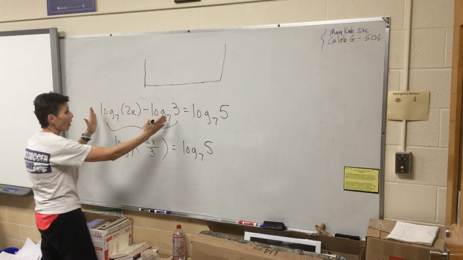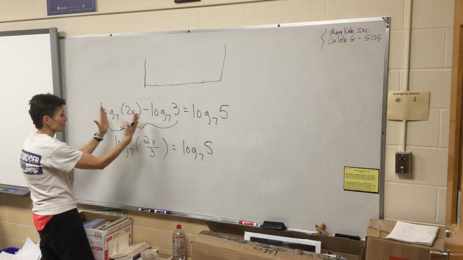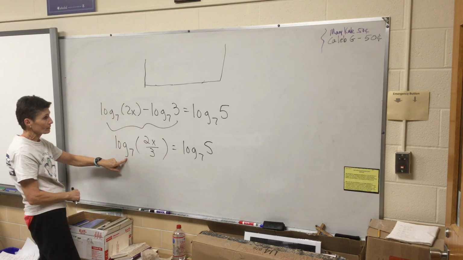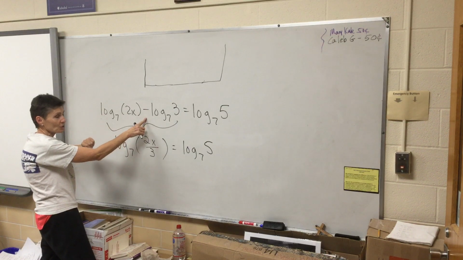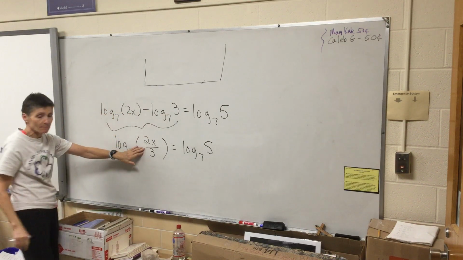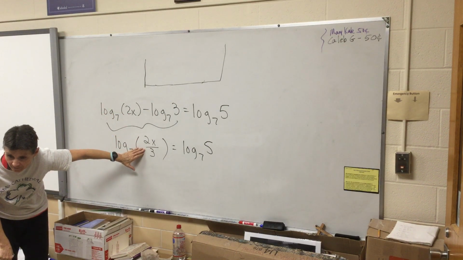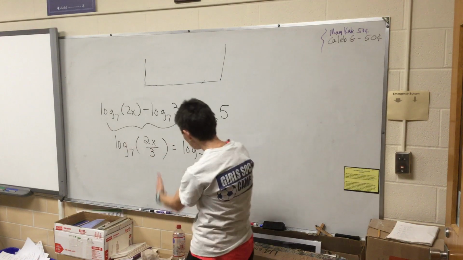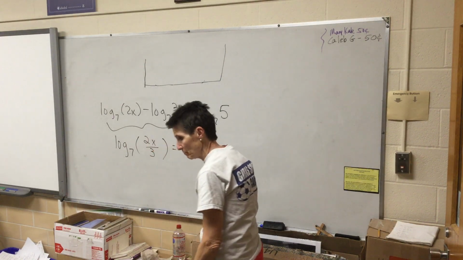So the 2 logarithms get smashed together into one logarithm. Since that's a subtraction, when they come together, it becomes a division. Now, we haven't seen this kind of problem before.